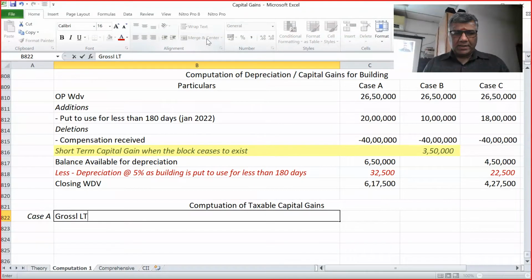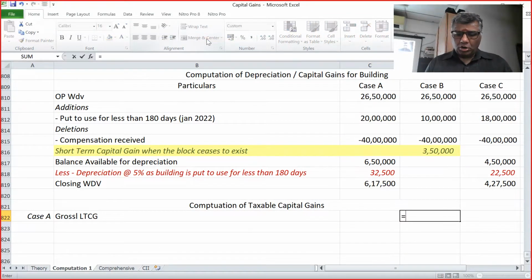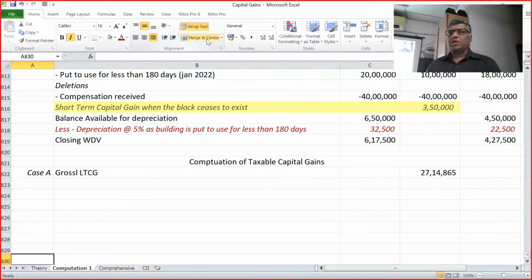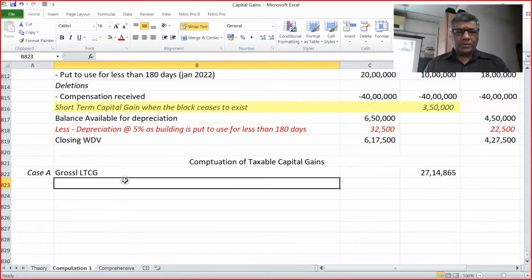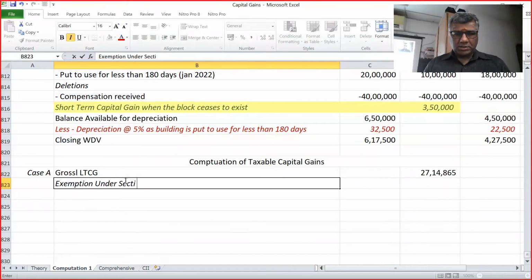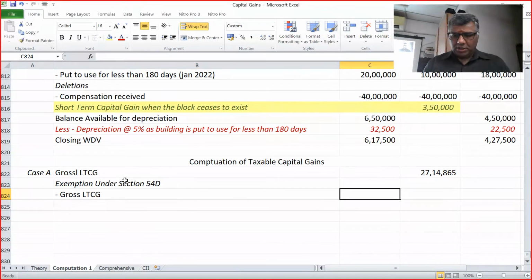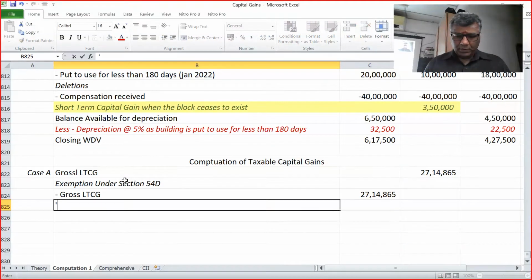Gross LTCG is 27,14,865. Exemption under section 54D: gross LTCG or amount invested, whichever is less.